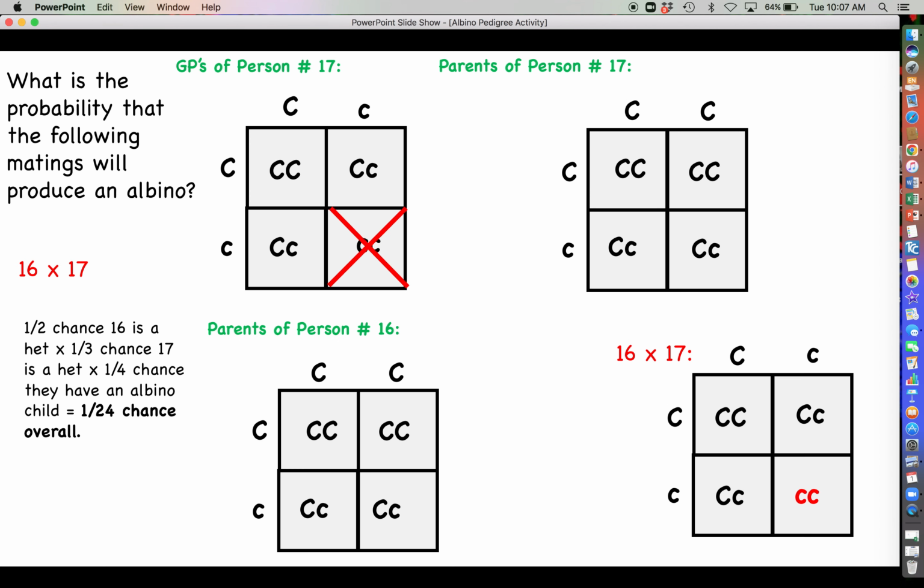So technically what it should be is 1/2 times 2/3 times 1/2 times 1/4. But the reason why it's 1/3 there is because we actually combined 1/2 and 2/3 together. So there actually should be 4 probabilities we're multiplying together here. The fact that it's only 3 of them, 1/2, 1/3, and 1/4, is because we multiplied together 1/2 and 2/3 to get the 1/3. So in this case, we have a 1 in 24 chance overall.